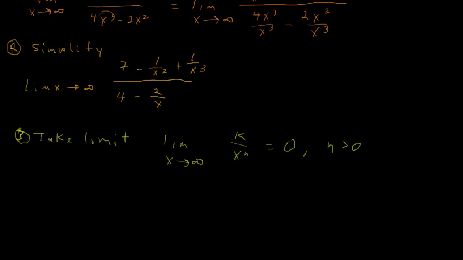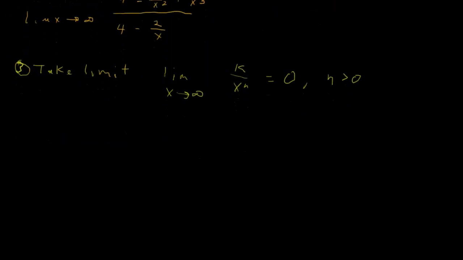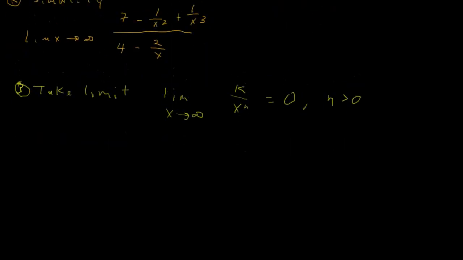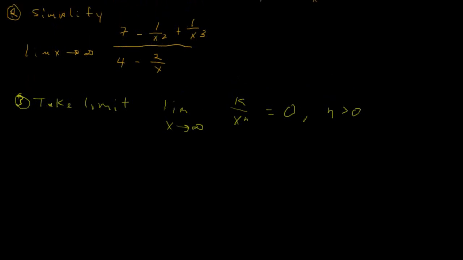So in our problem, let's rewrite it again. The limit as x approaches infinity, and we've now simplified that to 7 minus 1 over x squared plus 1 over x to the third in the numerator, and in the denominator is 4 minus 2 over x.